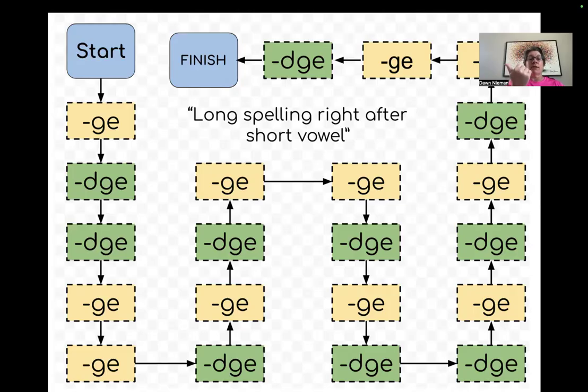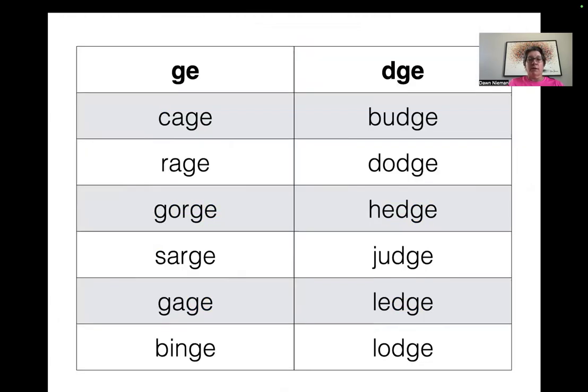I might go L, R, J. R is not a short vowel. So GE is going to be my spelling. Oh, you're winning. You're one space ahead of me. I am now on the GE spot. Right. And we just go around and around the board until whoever finishes first wins.